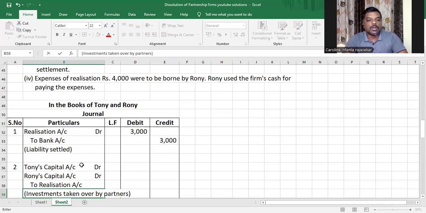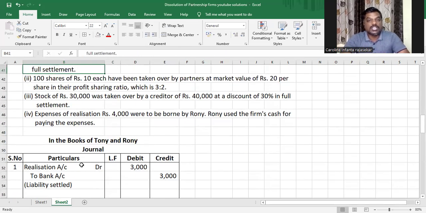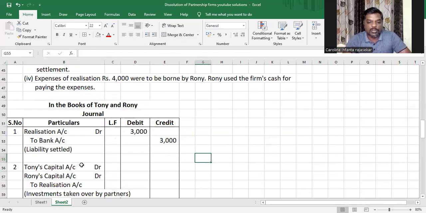All right. So now, for how much did they take over the investment? That is the next question. The shares are 10 rupees shares, but the market value of the shares is 20 rupees per share. Am I right or not, my dear children? So we are only bothered about the realizable value. They've taken 100 shares of 20 rupees each. So 2,000 rupees is the value of the asset that has gone outside.